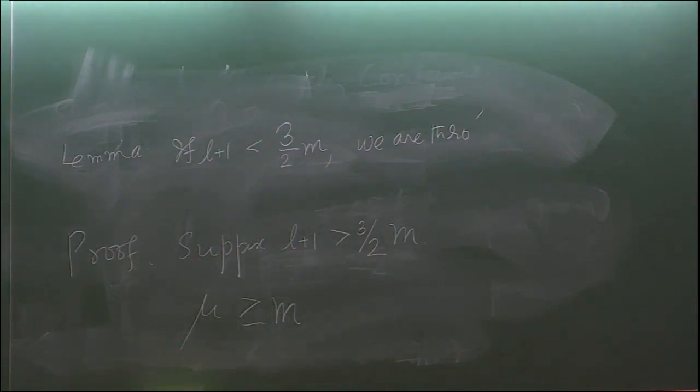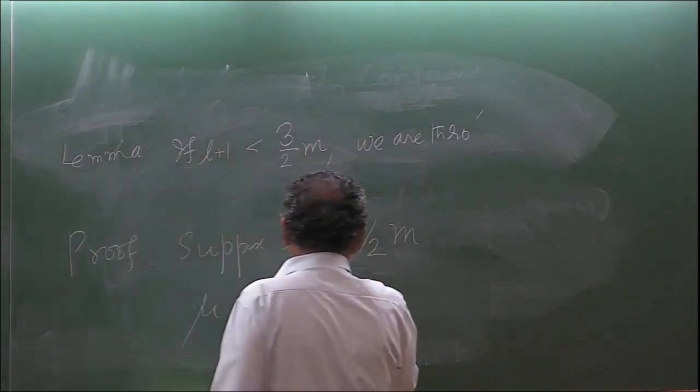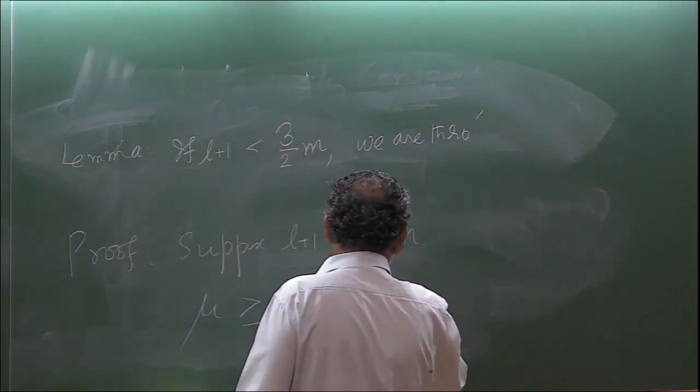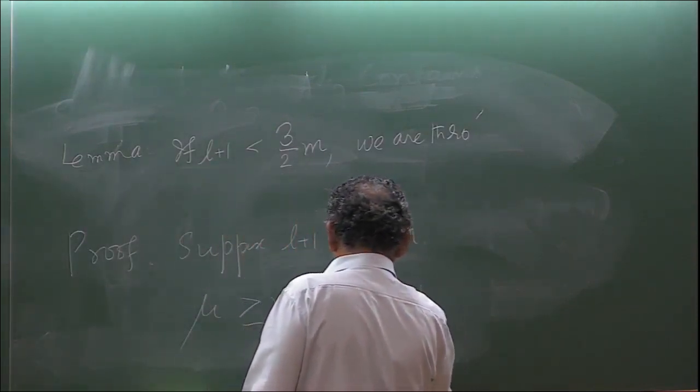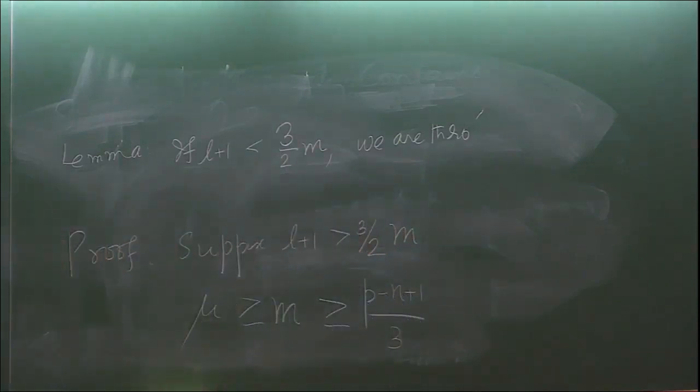And given these parameters, this m is easily seen to be bigger than p minus n plus 1 divided by 3, because p minus n plus 1 divided by 3 is only 0.227 and m is 0.284. And once mu is bigger than p minus n plus 1 divided by 3, by this theorem, mu is already bigger than 0.318 and we are happy.